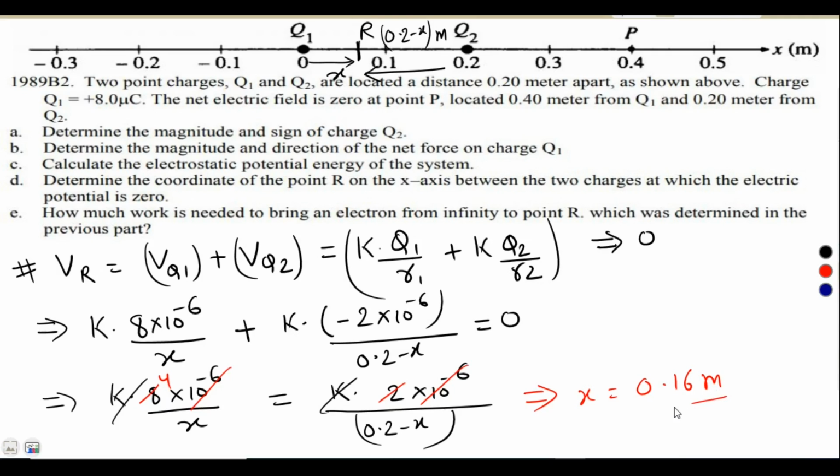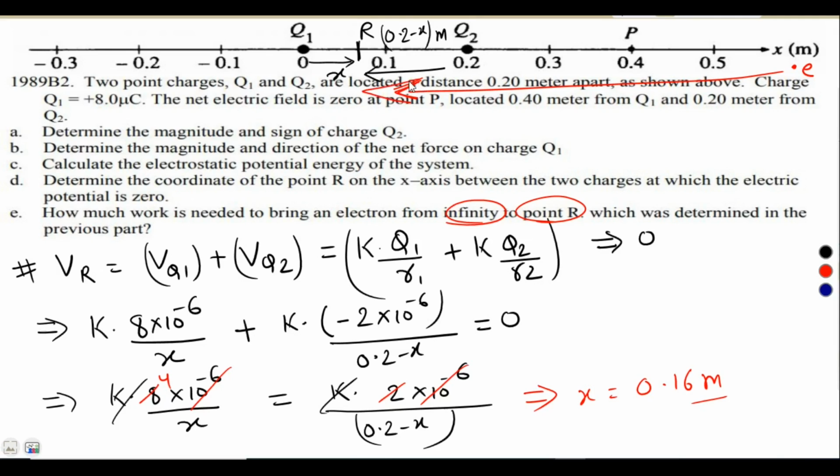And the last part, how much work is needed to bring an electron from infinity to point R, which was determined in the previous part. So we have to bring an electron from infinity to this point R, right? And what is the work done?